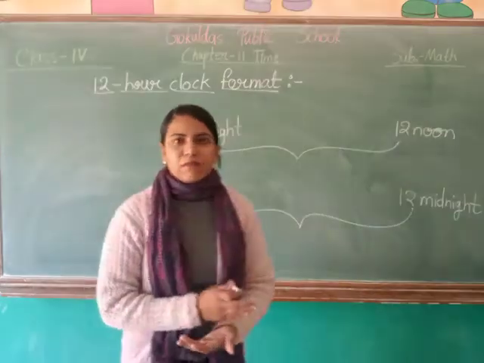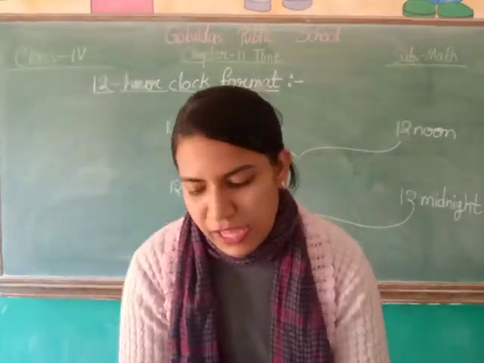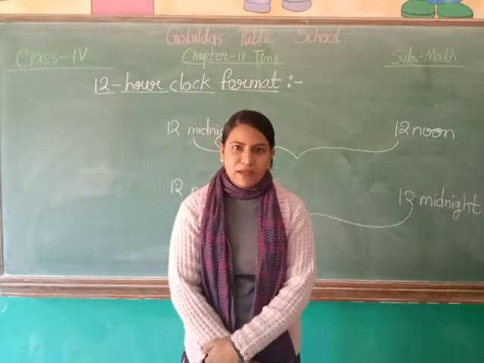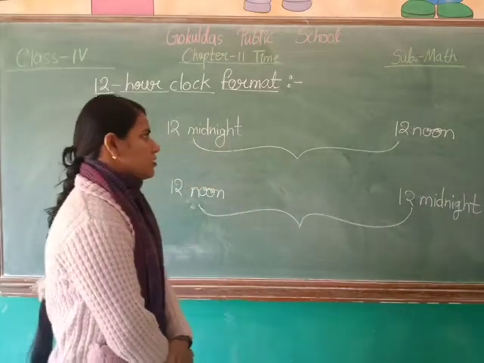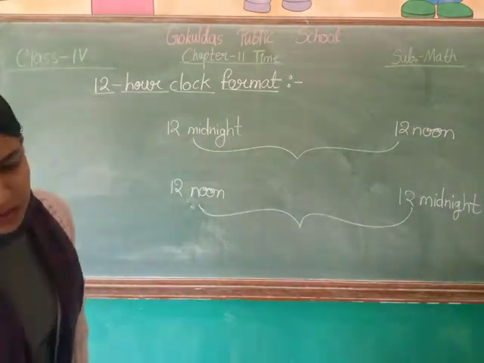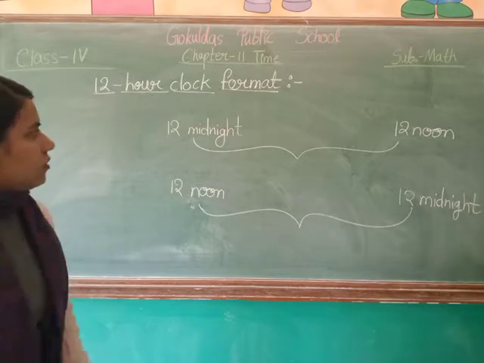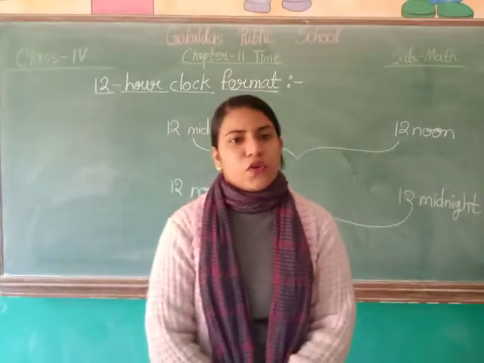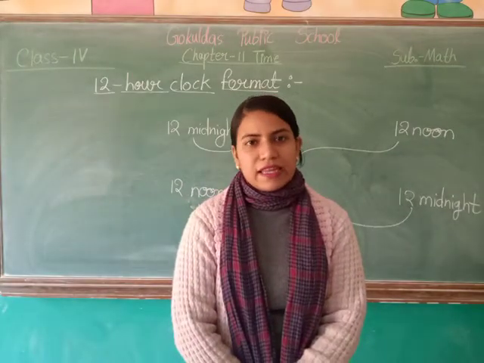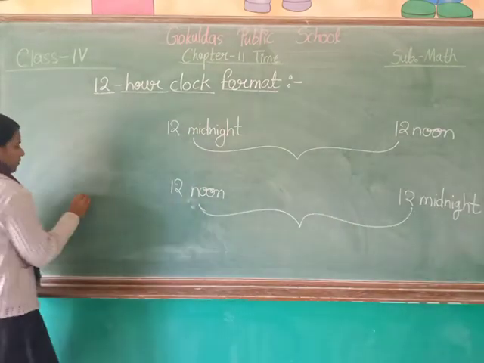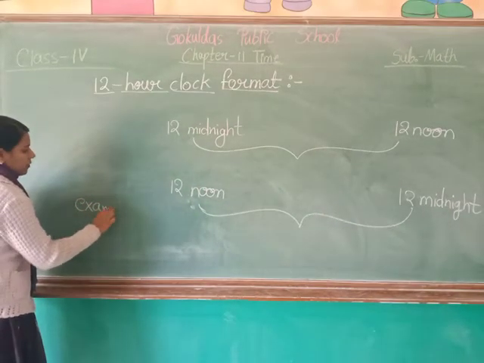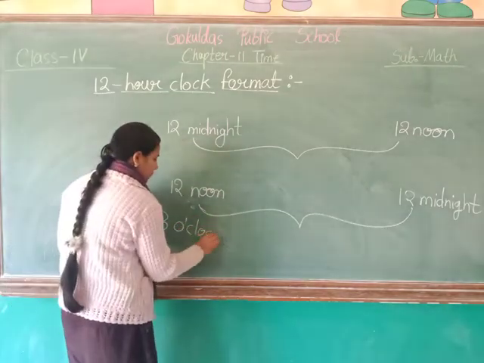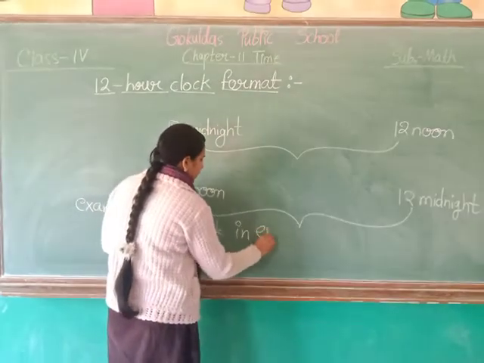Now what is AM and PM? The full form of AM is ante-meridian, and the full form of PM is post-meridian. Suppose you want to write 8 o'clock in the evening.